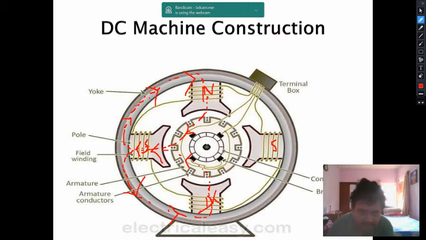Similarly, if you observe pole C and pole D, it will start from the north pole, enter the south pole, and the yoke will provide the return path like this. So this will be the direction.